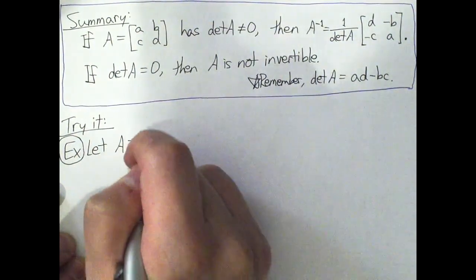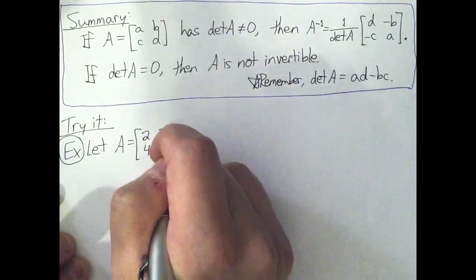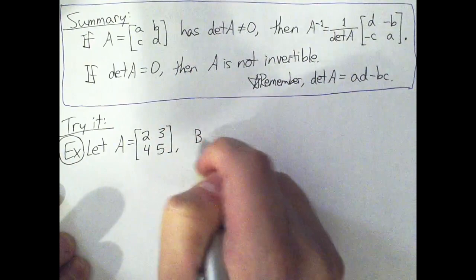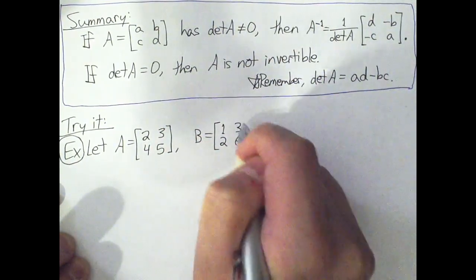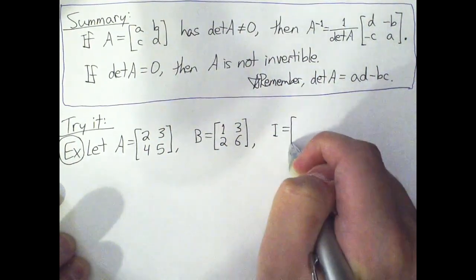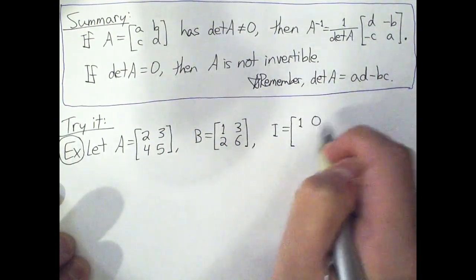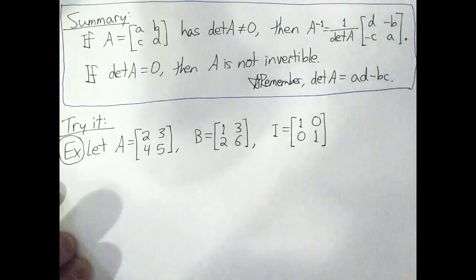Let A equal 2, 3, 4, 5. B is going to be 1, 3, 2, 6. And I is always used for the identity matrix. We know what the identity matrix is in the 2x2 case, but I'm writing it again anyway.